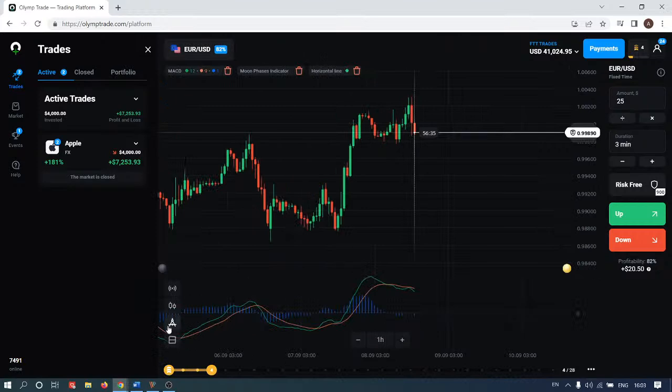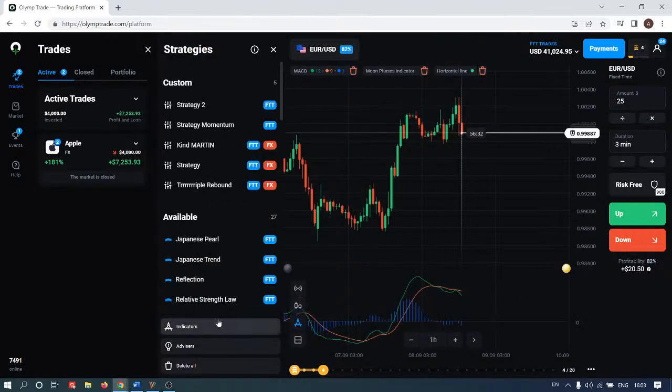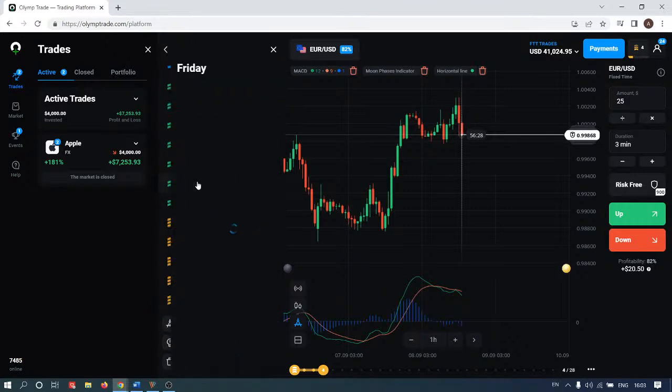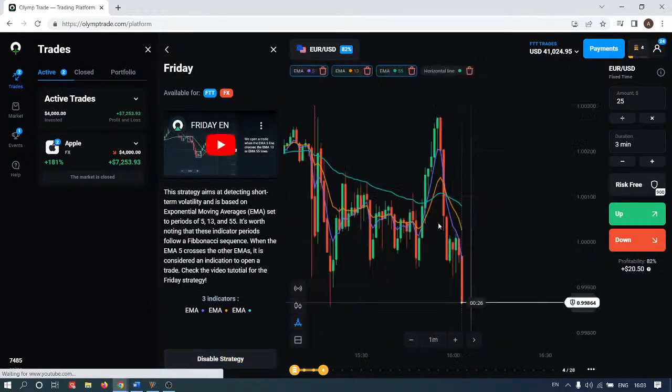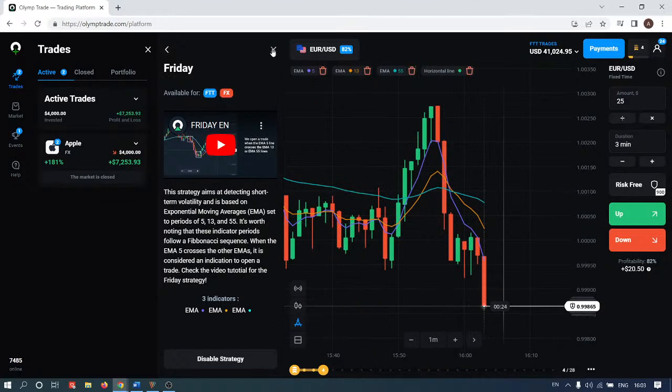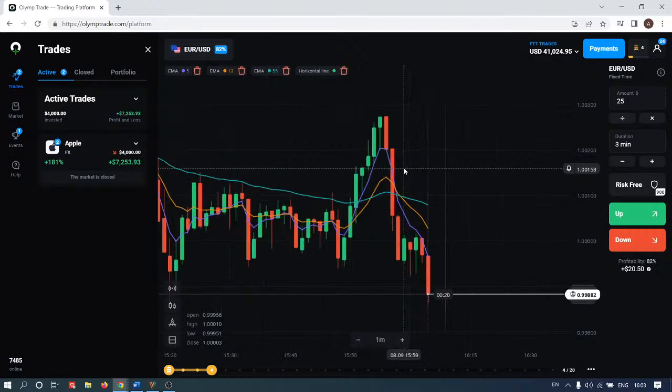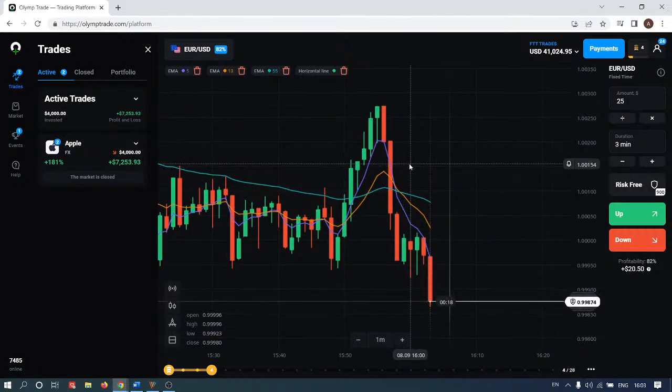Once again, we go to the technical analysis tab, trading strategies, and then we need to scroll down a little bit and find a strategy called Friday, which is available for our advanced and expert users. And like I said, we have this nice little functionality here that you can create your own strategy, like these custom strategies.